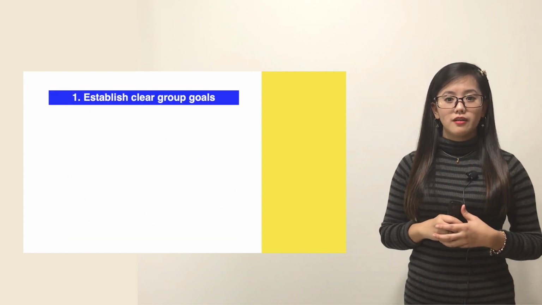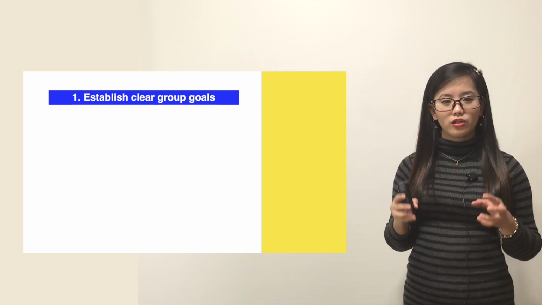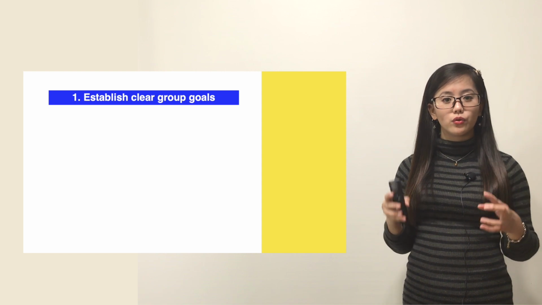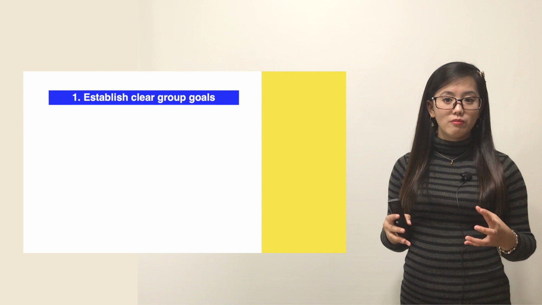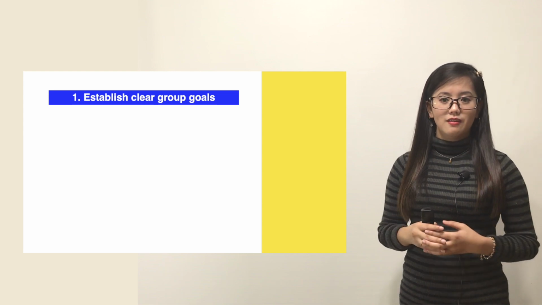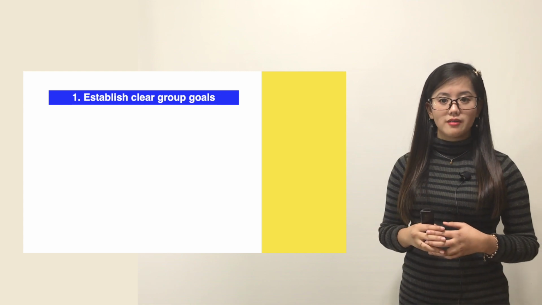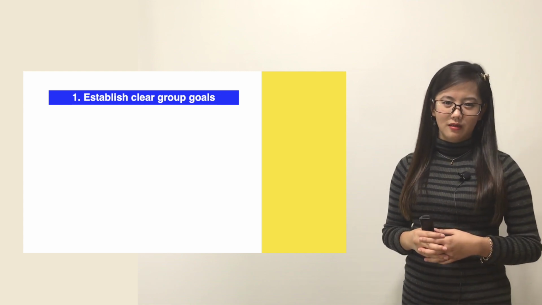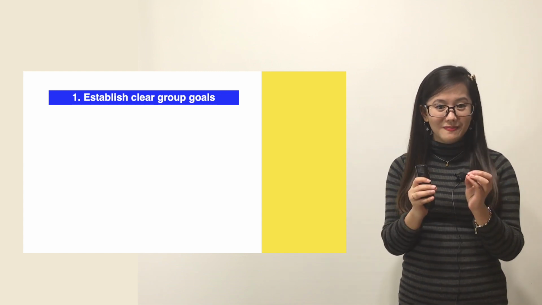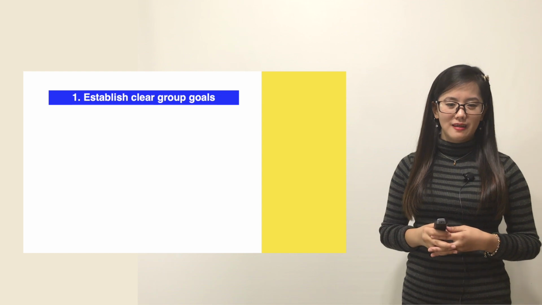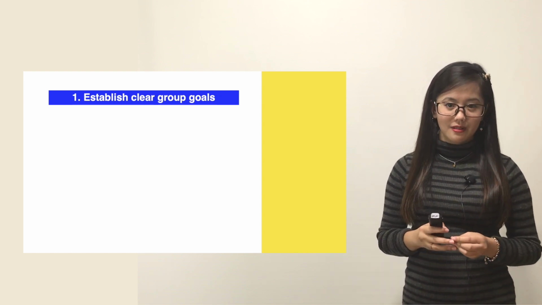Let's start. Number one is that we have to establish clear goals, okay? Clear group goals. Effective collaborative learning involves the establishment of group goals as well as individual accountability. This keeps the group on task and establishes an unambiguous purpose.